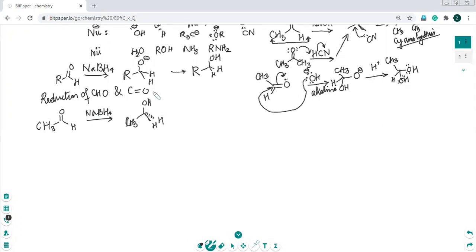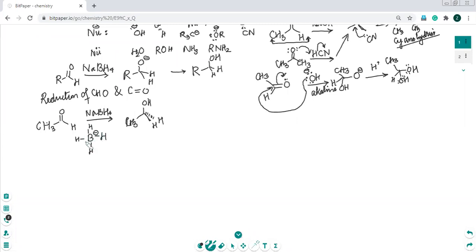Okay. So the mechanism: the structure of sodium borohydride is like this. See here, this is boron. You have 4 hydrogen atoms on that, with a negative charge on the boron atom.